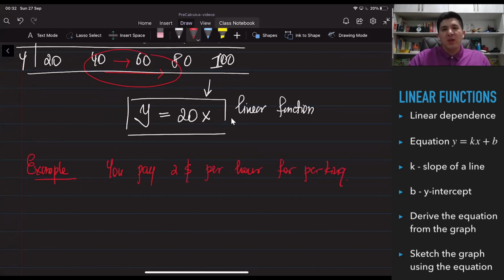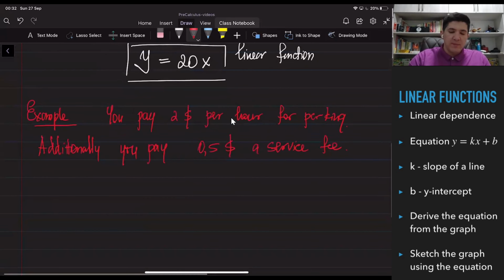Additionally, you need to pay a service fee, like 0.50 cents, which basically doesn't depend on how many hours you would like to park your car, right?